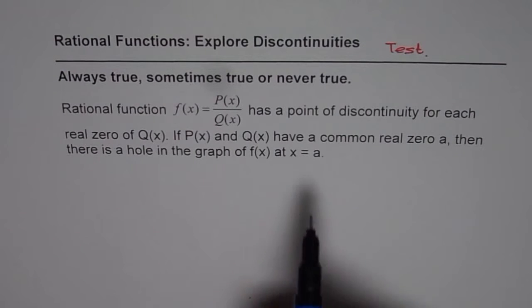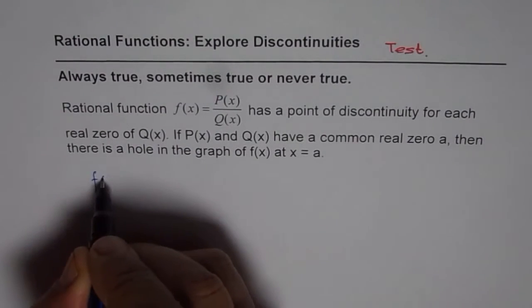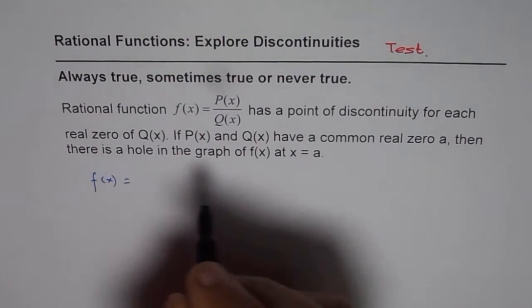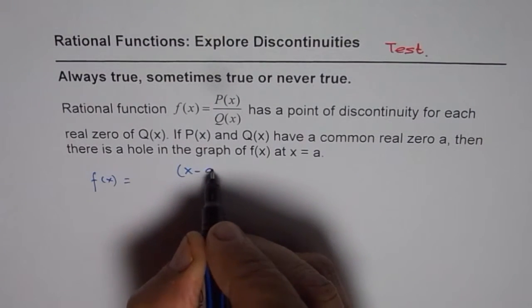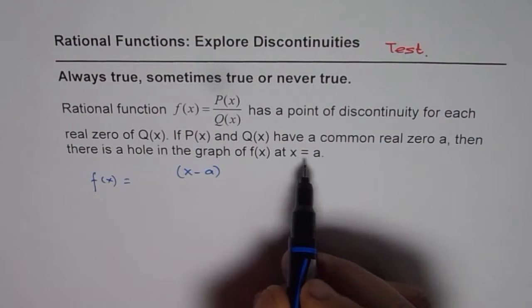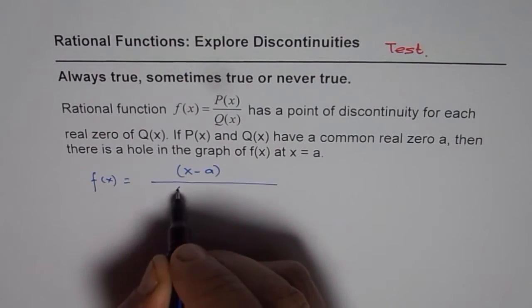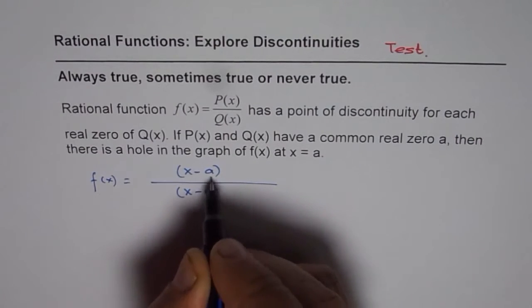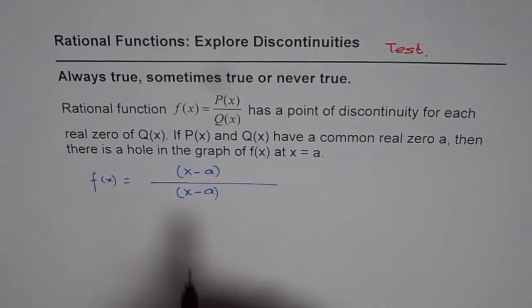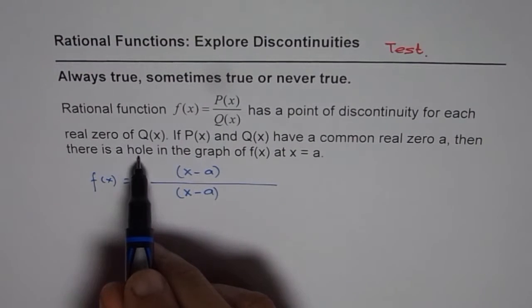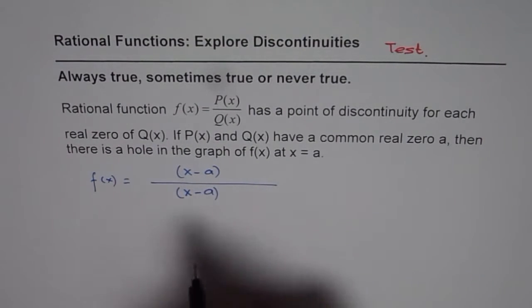Now to help you answer, let me give you two different functions. We are saying that both numerator and denominator have a zero a, which is common. So we are saying that x minus a is common in both numerator and denominator. In that case, we'll have a hole at a. That is the question, right?